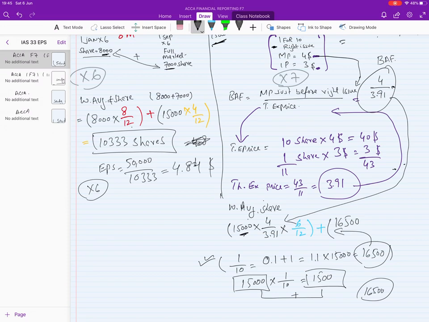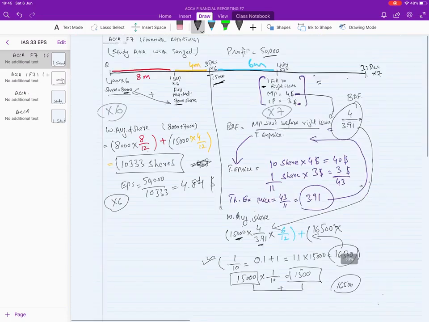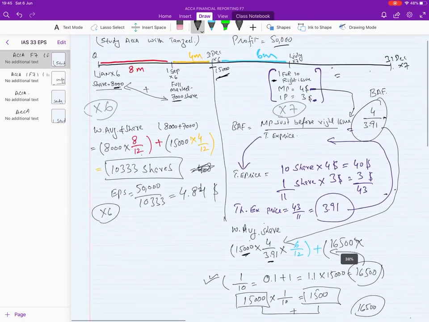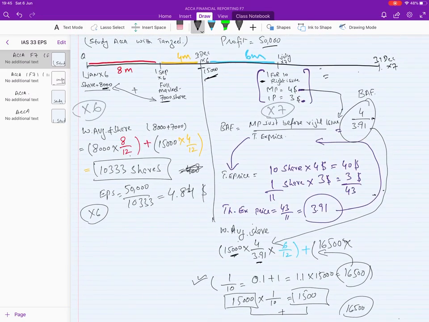So this is your number of shares now, 16,500. Now do we need to take the effect of bonus or fraction? No, we just use the number of shares here, and everything will be done. So let's go back to the question. How many months were these outstanding this year?